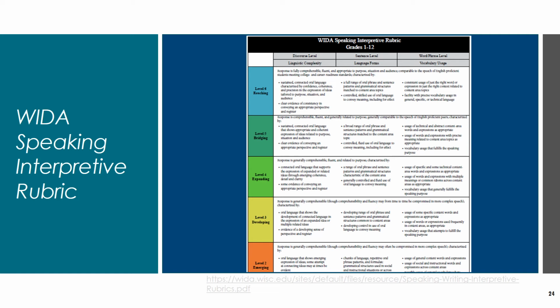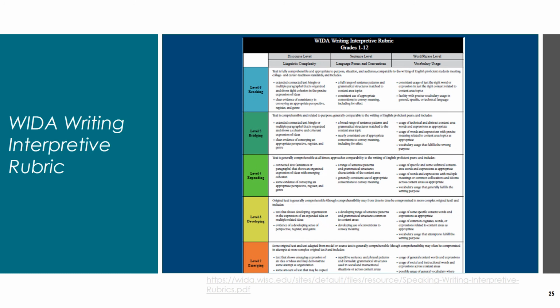So when we want to monitor progress of our ELs, it's very important to use these speaking and writing rubrics. More so if you're a content teacher, usually the ESL teacher will monitor the speaking component also, but the writing rubric is so important for you to understand where your student is and how that student is moving towards a higher level. What can he do with writing in order to reach the proficient level in writing?